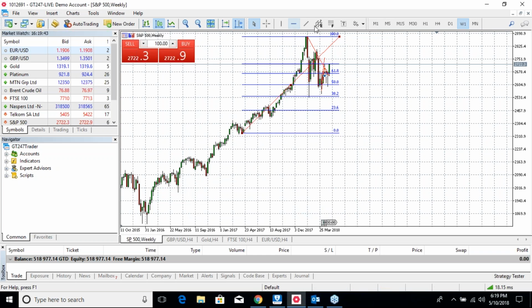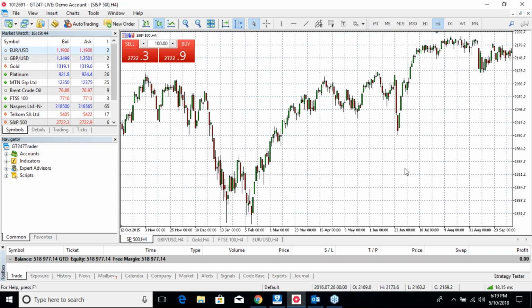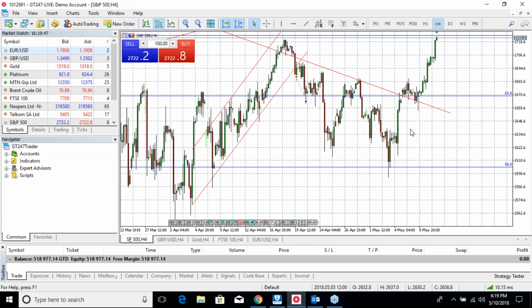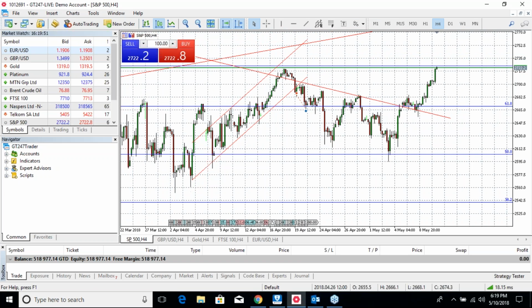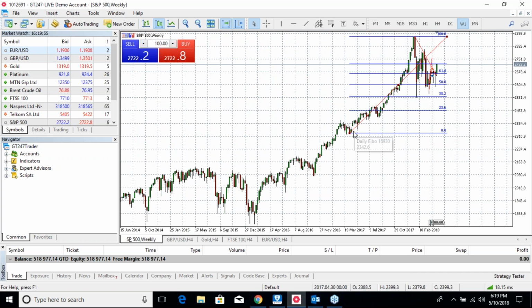Okay. And as I stated, if you have a look there on the weekly chart, we drew a Fibonacci line from this point up until the peak, and we saw that there was some retracement to the 38.2 line, and it bounced up and down. Right now, it's actually at the 71.8 line, and we're anticipating a reversal there.